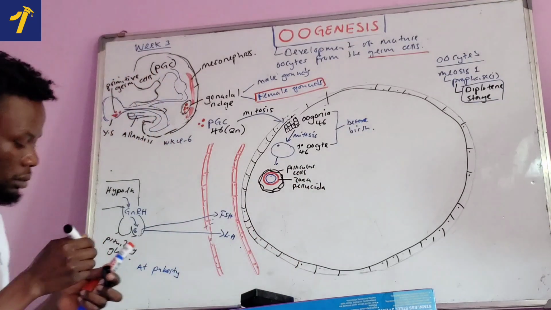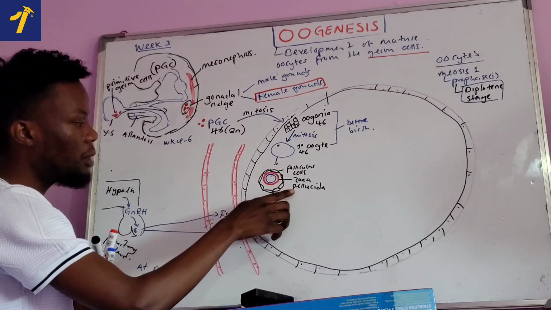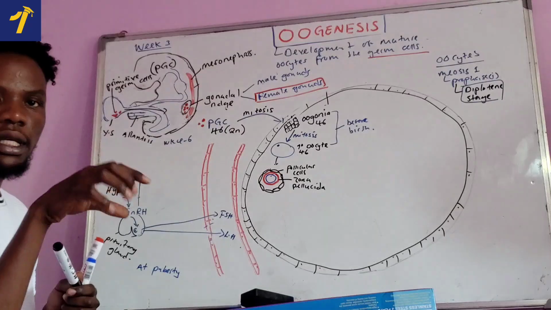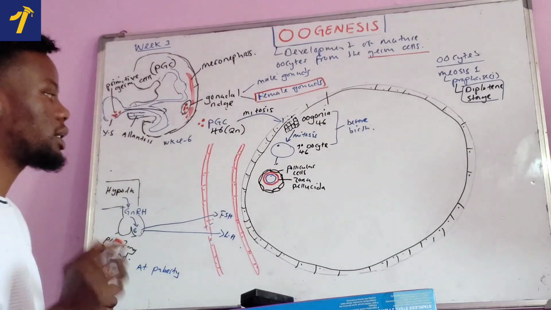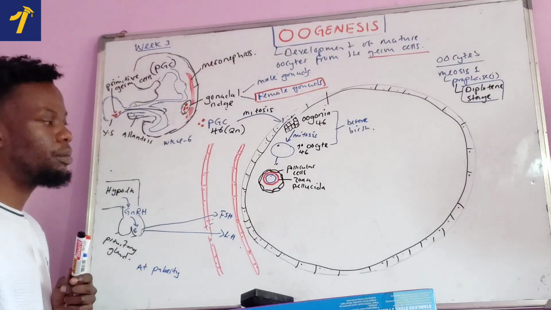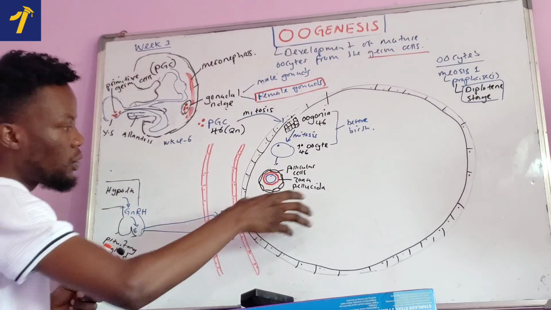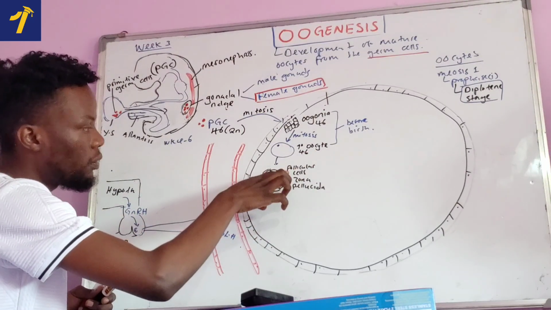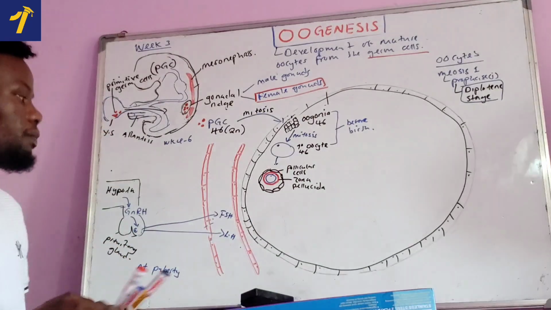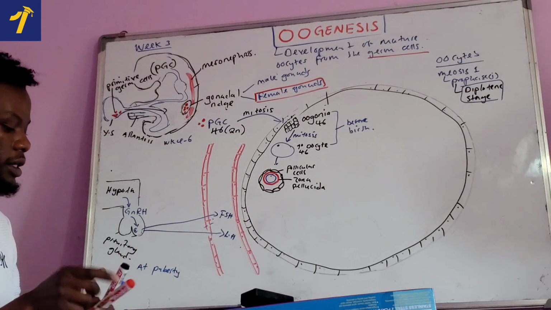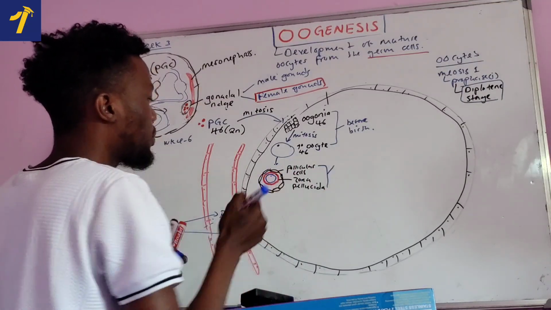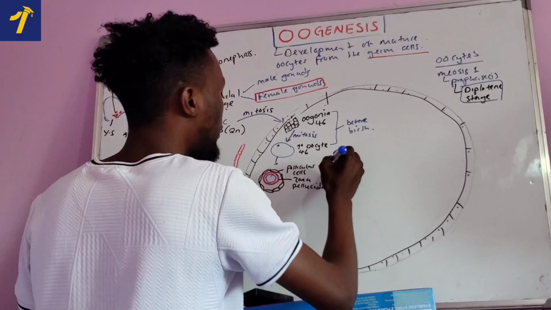It's more like a glycoprotein that is basically surrounding the primary oocyte and protecting it. And inside there is the primary oocyte. What do we call this whole thing, comprising the follicular cells, the zona pellucida, as well as the primary oocyte? Comprising all these, we call it the primordial follicle.